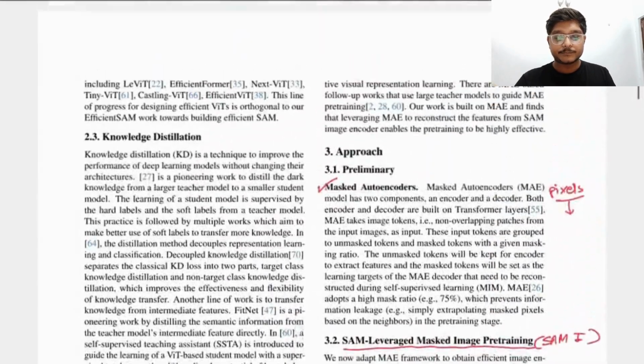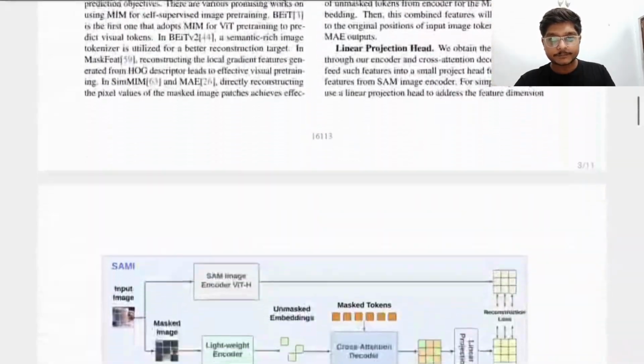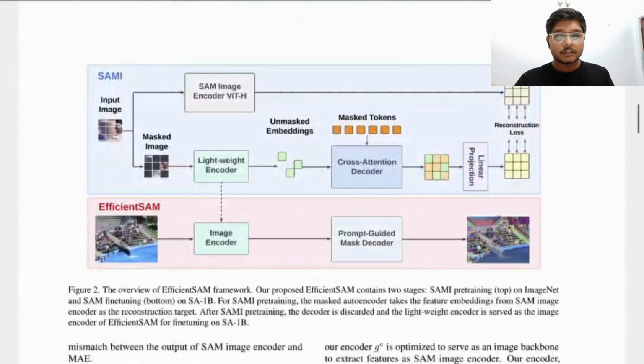Now look at the architectural details of the paper. To get under the hood, this entire framework is built on a two-stage strategy, stage 1 and stage 2. Stage 1 is the SAMI pre-training.